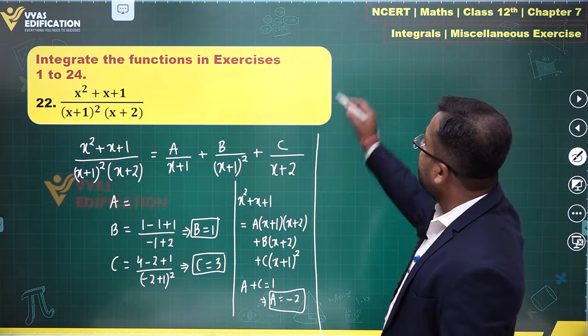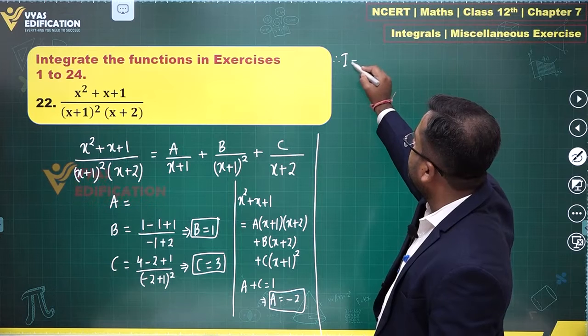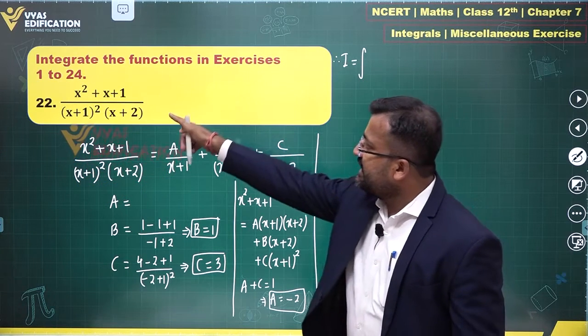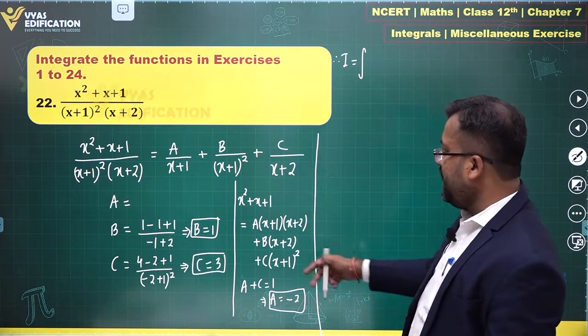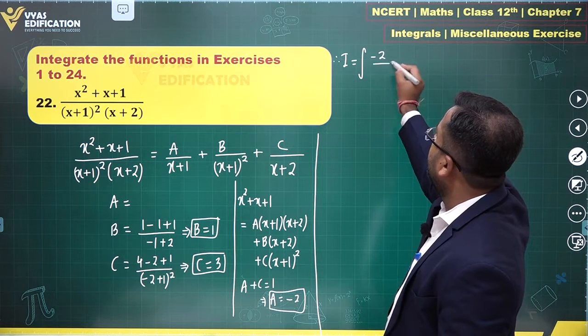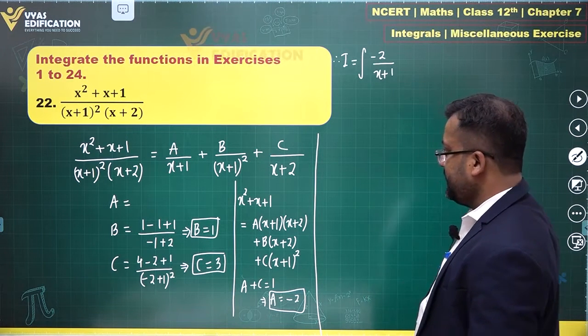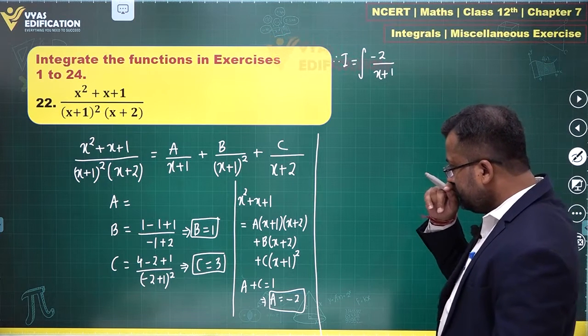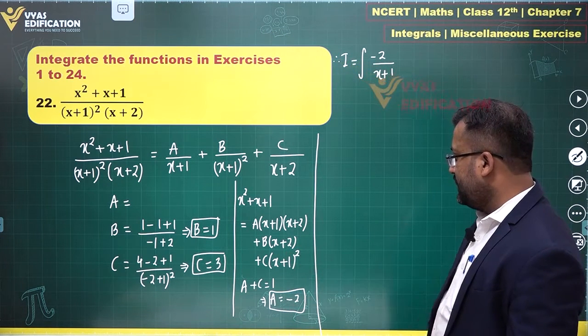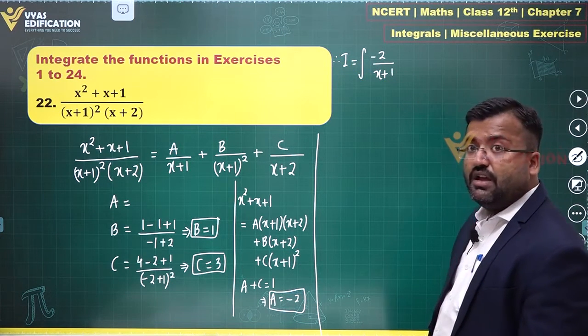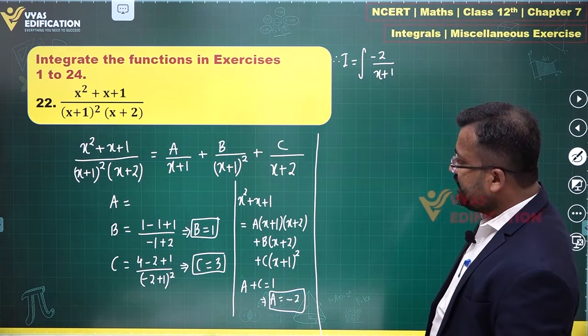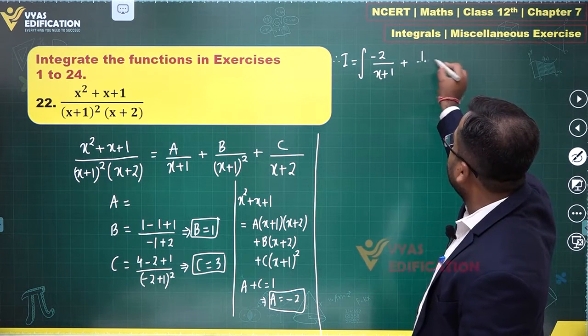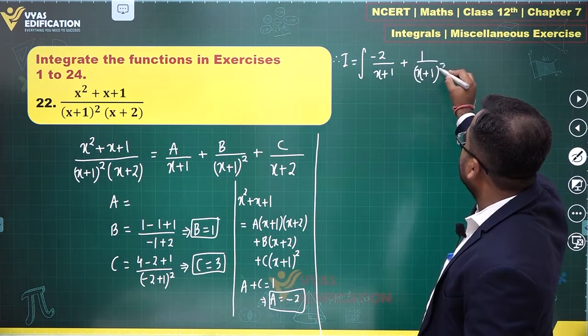But once we find a, b and c, therefore I will be integral of this expression, a upon x plus 1. This is okay. What else? B upon x plus 1 whole square, which is 1 upon x plus 1 whole square.